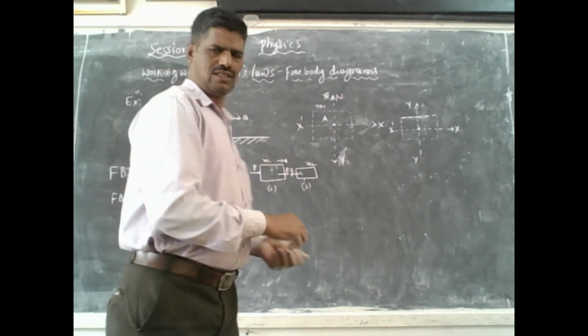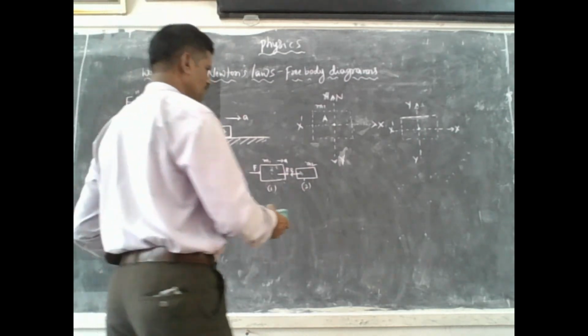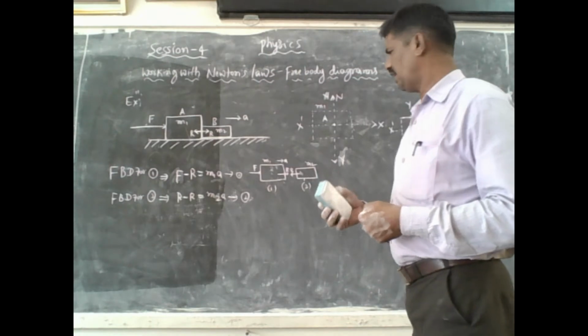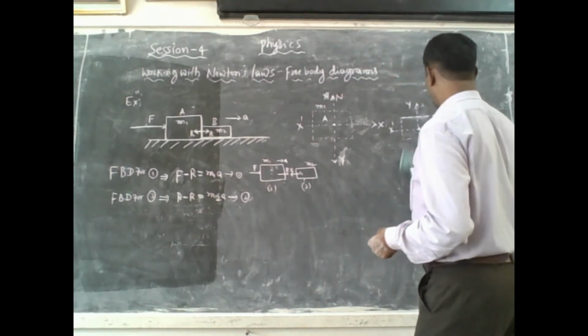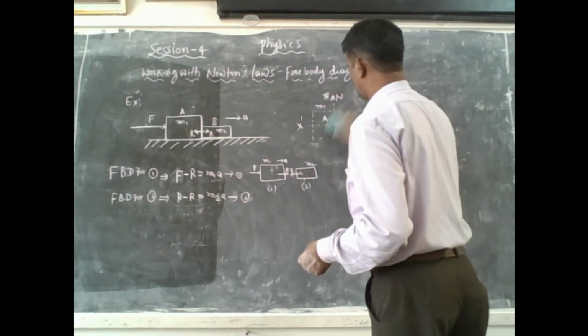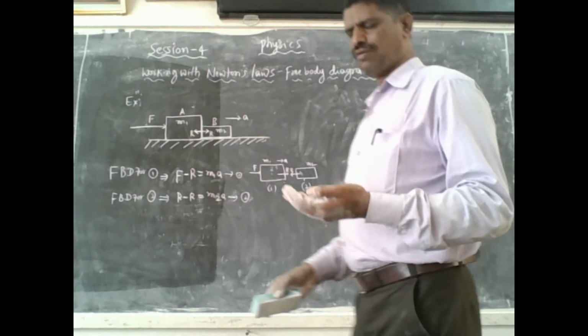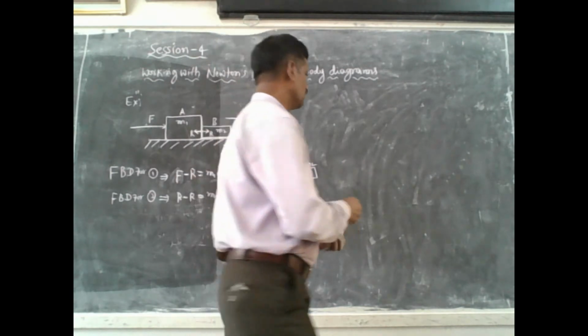And one more thing, we can also show when two bodies roll over a pulley, the free body diagram can be shown like this. Free body diagrams can be shown like this.